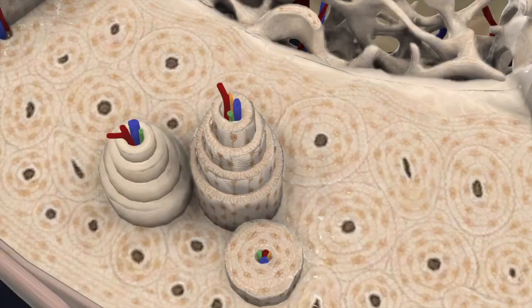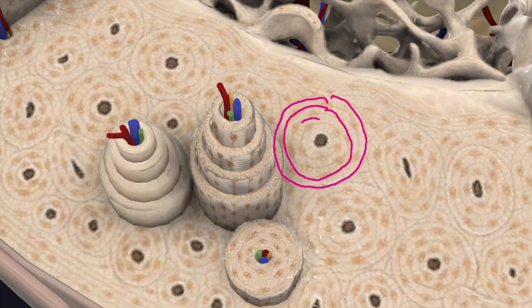So next we'll see about the structure of the compact bone. When we examine a section of the compact bone, we find this type of bone is made up of concentric lamellae. So this is one lamella, this is the next lamella, and this is the next lamella. These are concentric rings.